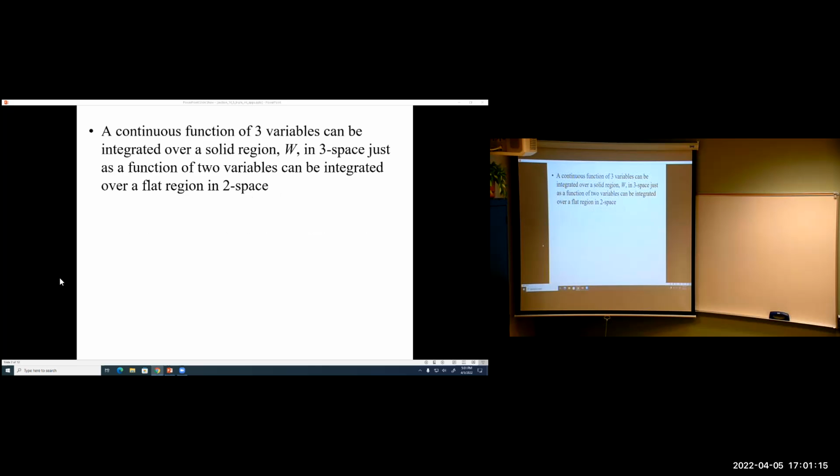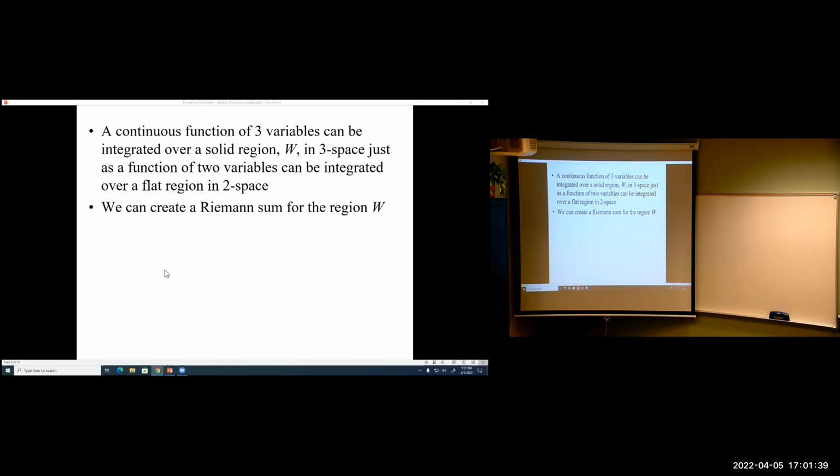Now, with the double integrals, we were integrating a function of two variables over a region in the XY plane. Now we're going to be able to integrate a function of three variables over a 3D space. If our function of three variables represented density, we would be getting the total mass of the object.